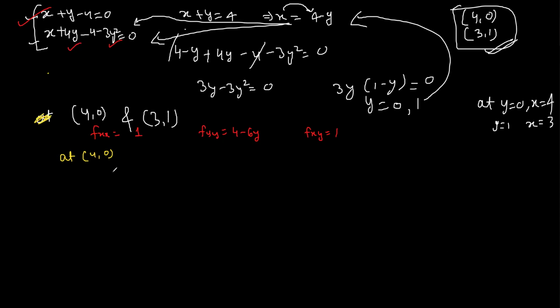At (4, 0), find D, which is equal to fxx times fyy minus fxy whole square. You know fxx is 1.